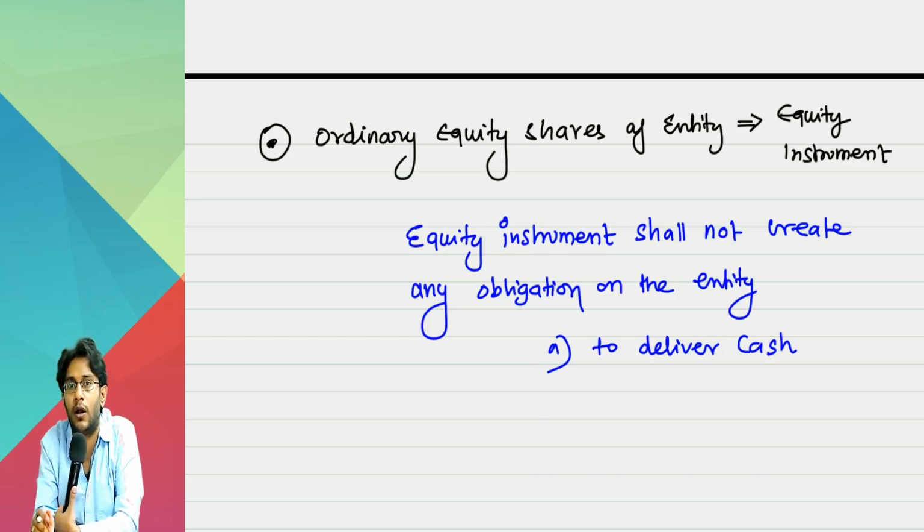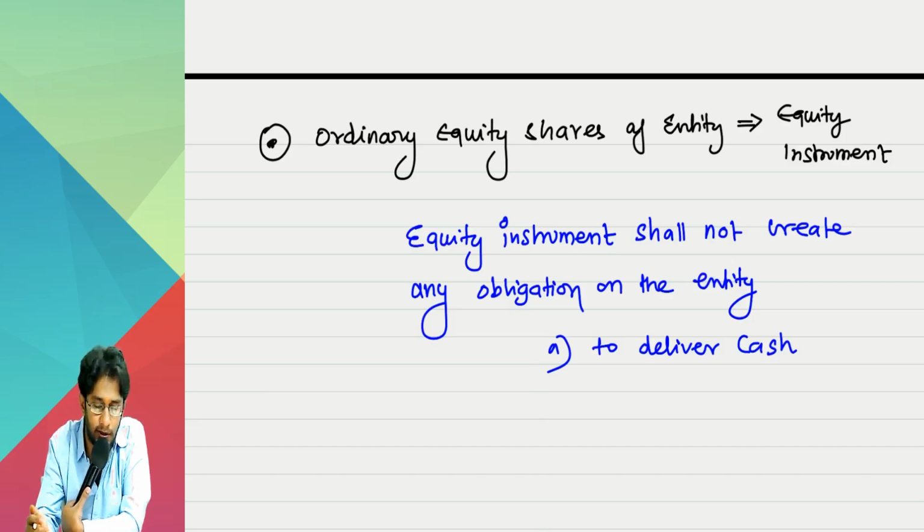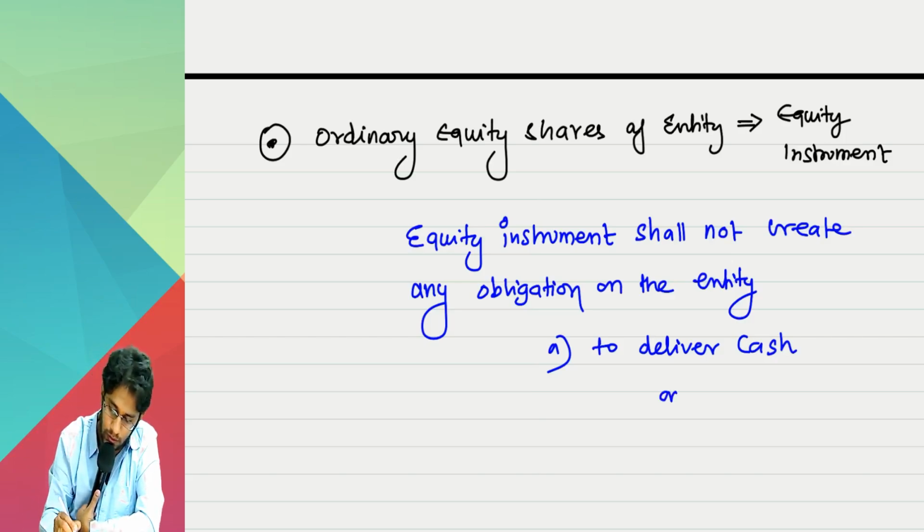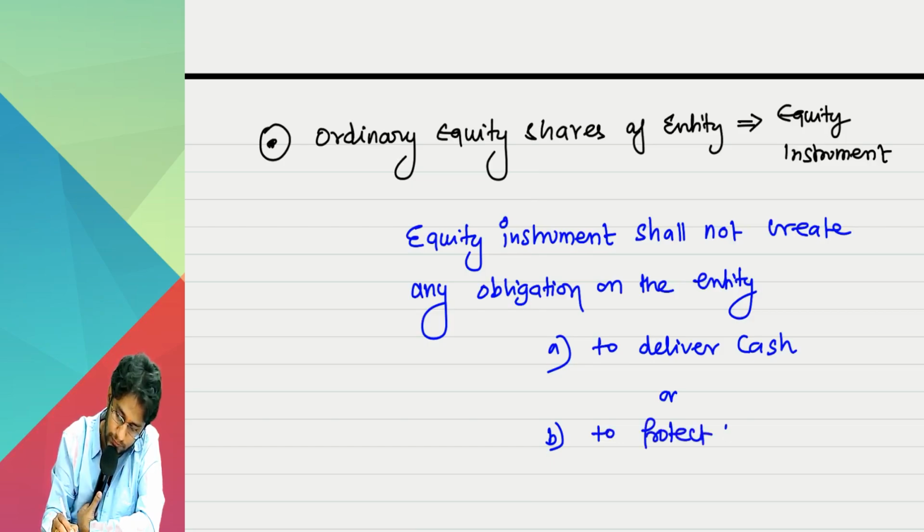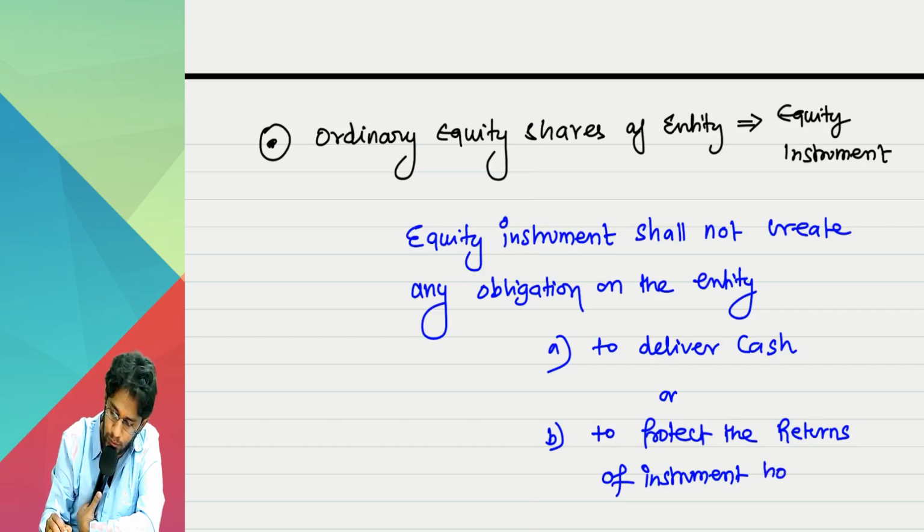Because if a contractual obligation to deliver cash is there, I will not call you an equity instrument. I have to classify you as a financial liability. So in an equity instrument, there should never be an obligation to deliver cash, or to protect the returns of instrument holders.